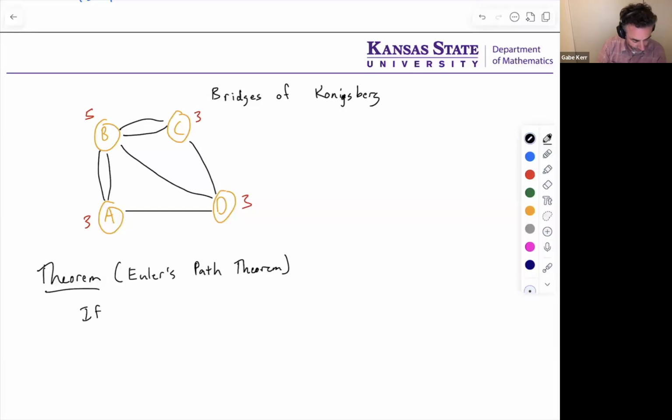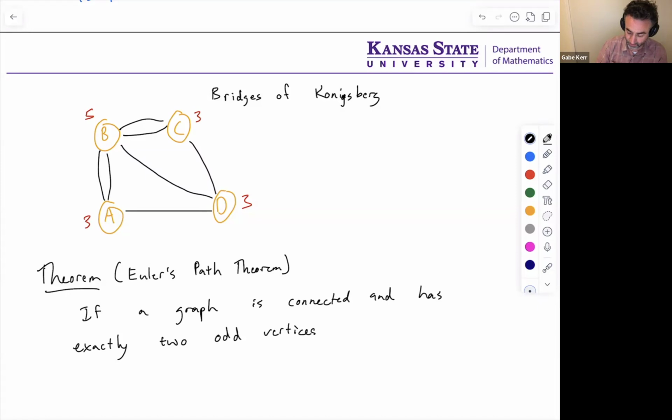It says if a graph is connected and has exactly two odd vertices, then there is an Euler path between those vertices.